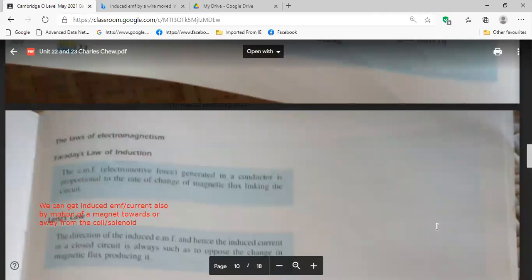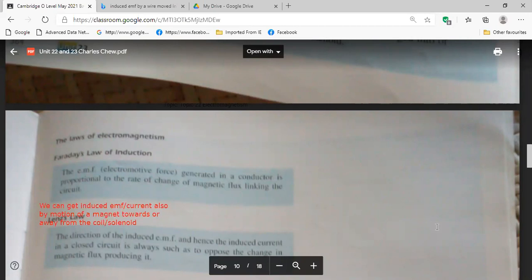Can you read it, please? The first blue box. The EMF, electromotive force, generated in a conductor is proportional to the rate of change of magnetic flux linking the circuit.